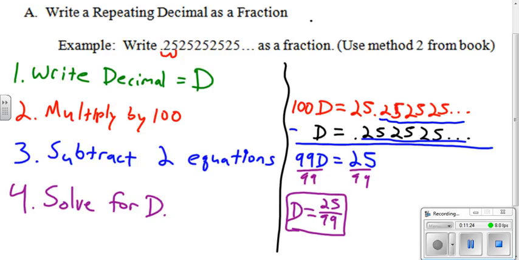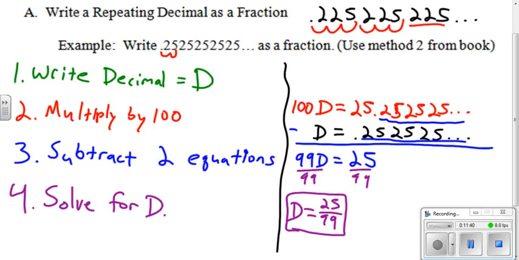If our decimal was, say, 225, 225, 225 repeating, then we'd have to move it over 1, 2, 3, and 1, 2, 3 again to get to our repeated form. That would mean we'd have to multiply by 1,000.